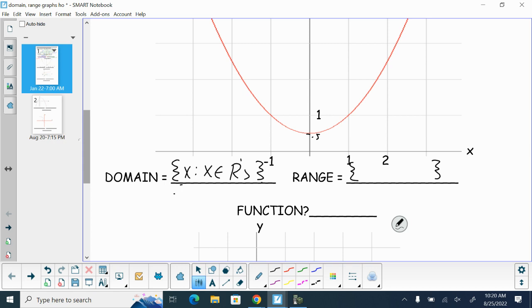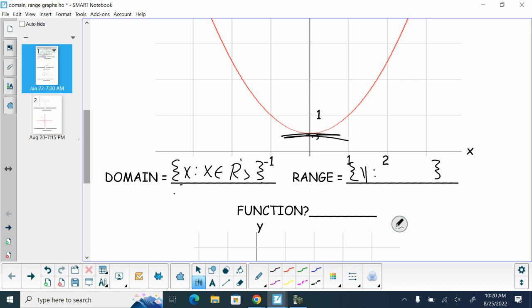All right, so what do you got? Throw it out there. All right, so y such that what? What's happening with y here? First verbalize, what do we have here?